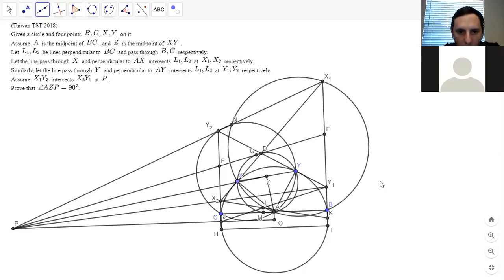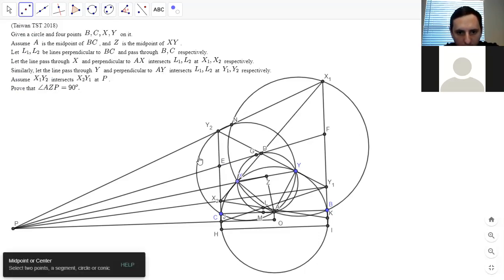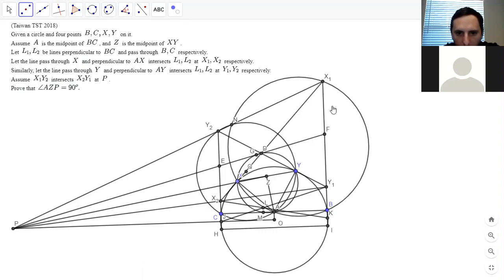So we have AY2 is a diameter of one of those circles, and AX1 is a diameter of the other. And we know that E and F are midpoints. I don't know if that helps. Wait, so yeah, let me check the chat.